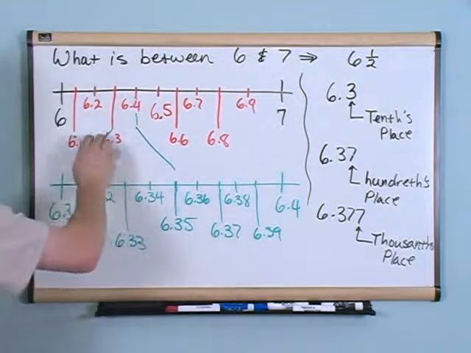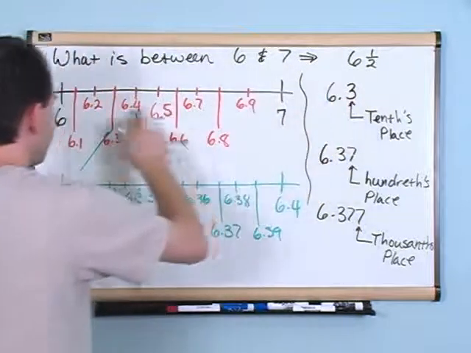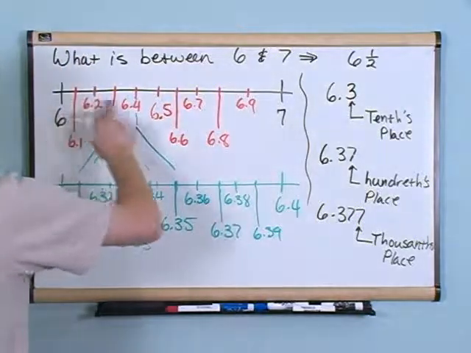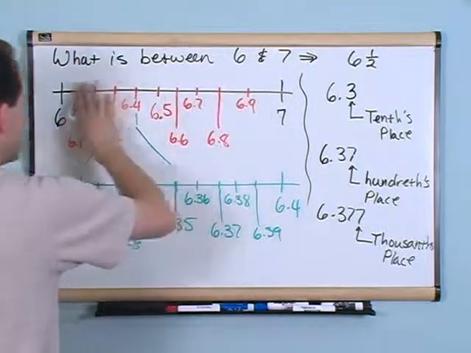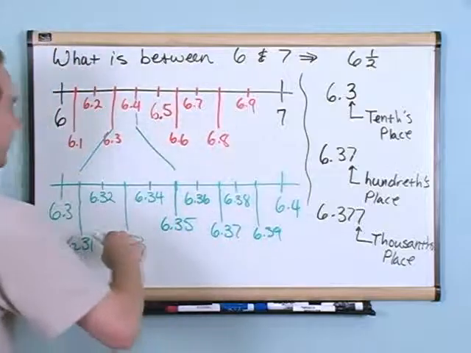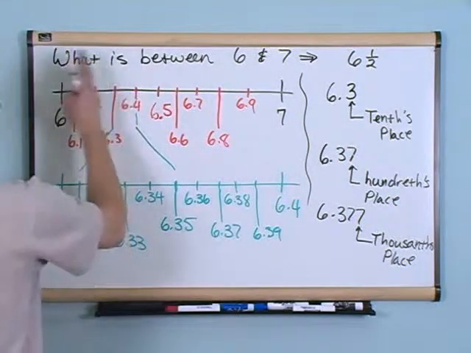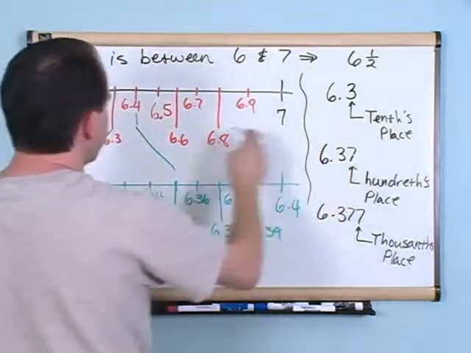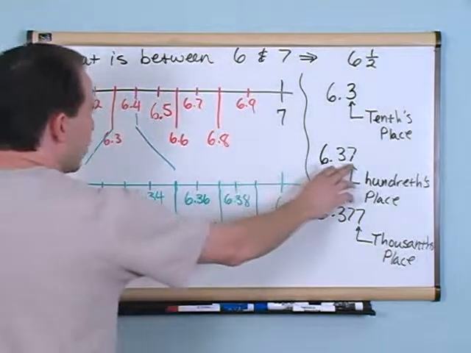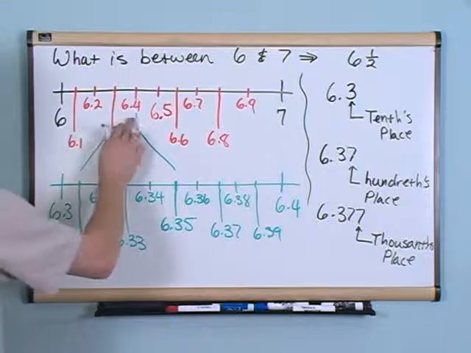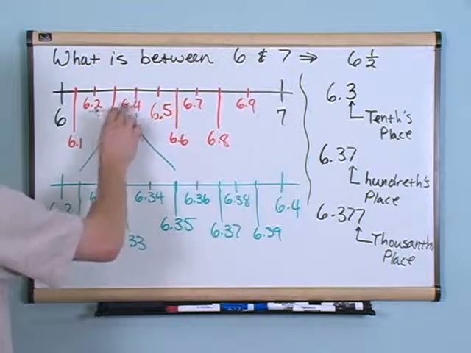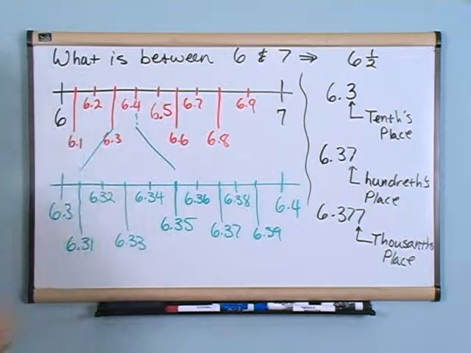The very first digit after the decimal point is going to determine where I'm at: am I going to be closer to the 6, or am I going to be closer to the 7? As I start piling digits on, it's going to more accurately define where I'm at. You notice the second digit only affected where I'm going to be between 6.3 and 6.4. So it's only going to be able to do that for me.